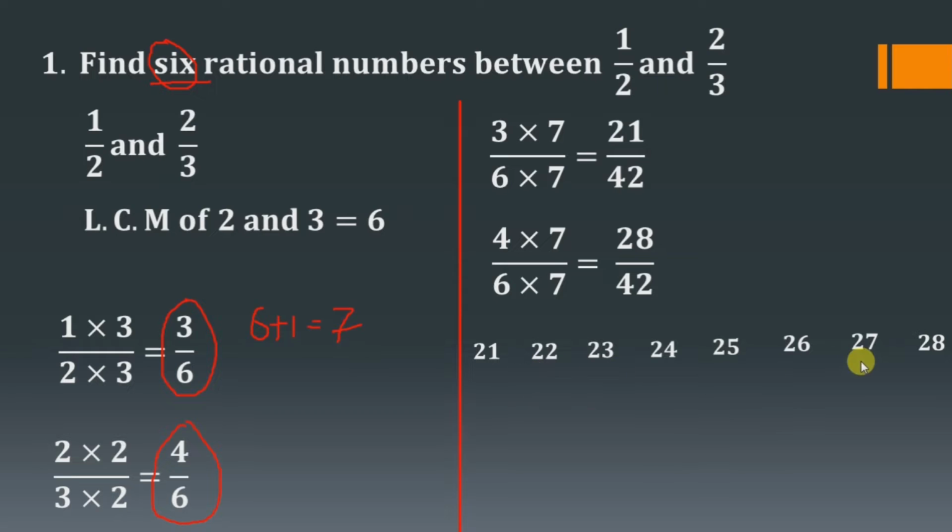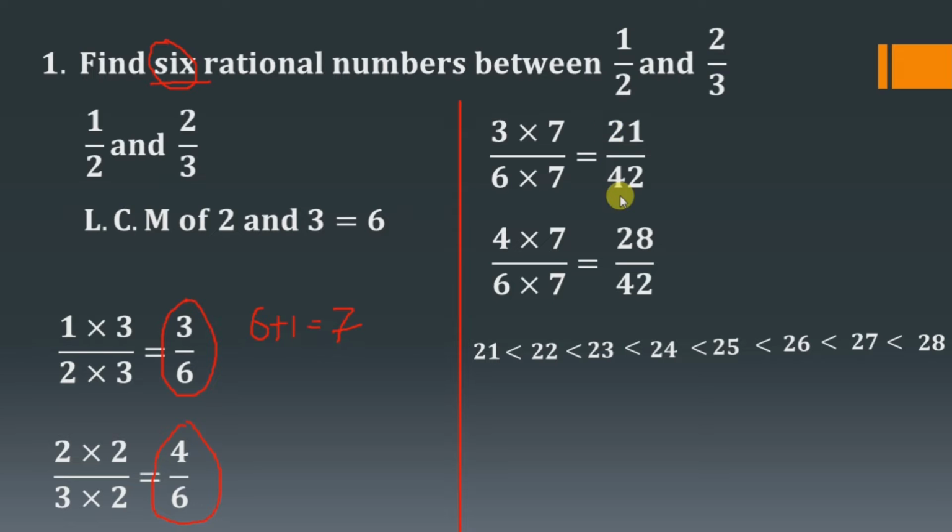So how many numbers have I inserted? 1, 2, 3, 4, 5, 6. And we can say that 21 is less than 22, 22 is less than 23, 23 is less than 24, 24 is less than 25, 25 is less than 26, 26 is less than 27, 27 is less than 28.